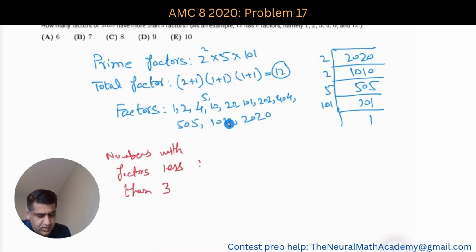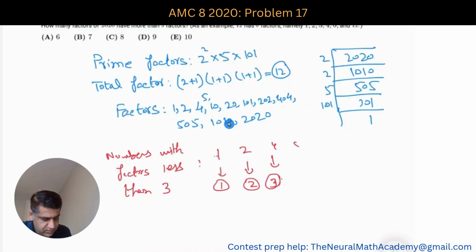So for example, if I look at 1, we know 1 only has 1 factor. So I will write 1 as 1 factor. 2 has 2 factors. One is 2 and the other one is 1. 4 will have 3 factors: 1, 2, and 4.